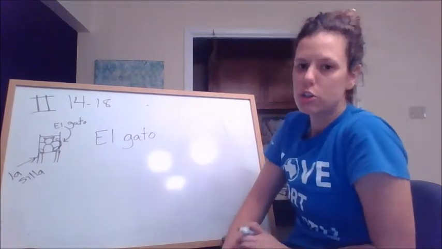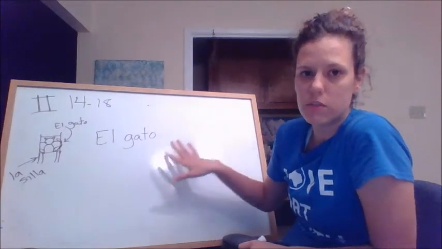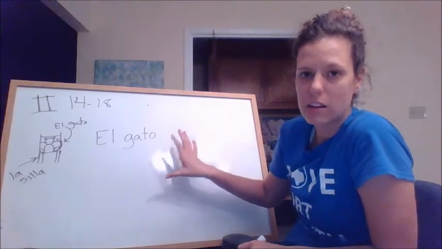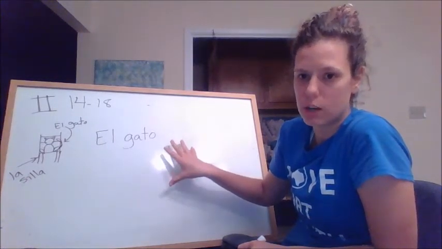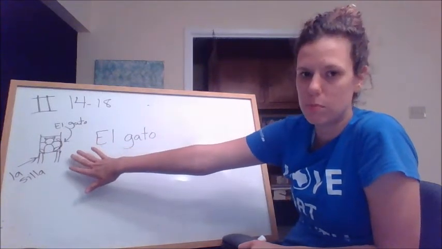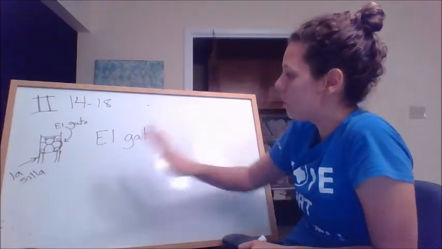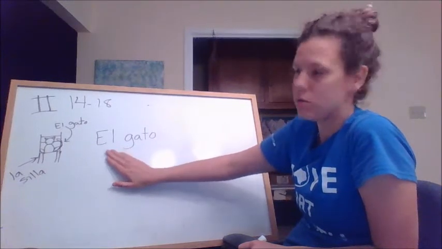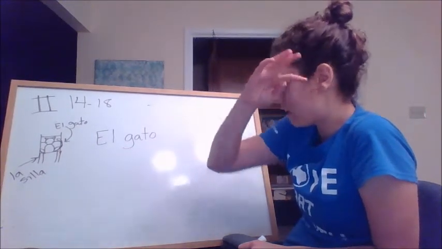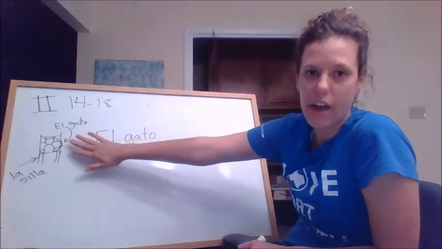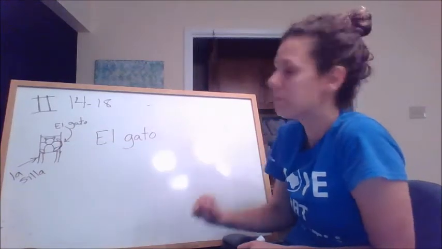I'm giving you the subject of the sentence. You have to write the sentence based on the subject and the location of the subject in the picture. So we want to talk about el gato, the cat. So the cat is on the chair, all right?